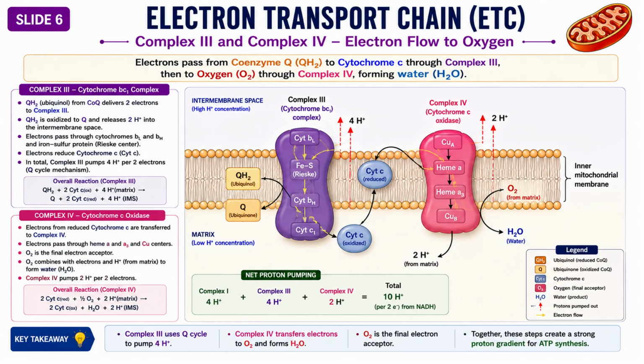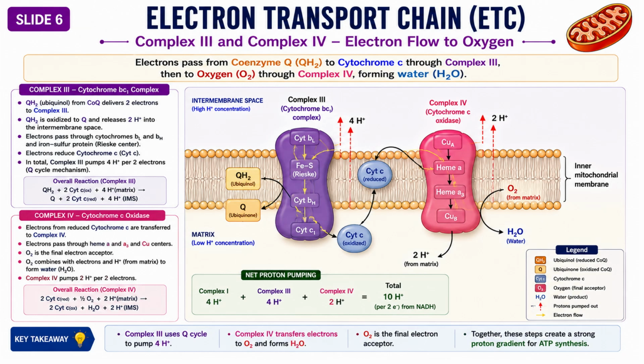After electrons enter the electron transport chain through complex 1 or complex 2, they are transferred to coenzyme Q, also called ubiquinone. Coenzyme Q carries these electrons to complex 3, which is known as the cytochrome bc1 complex. At complex 3, reduced coenzyme Q, or QH2, transfers its electrons through several components, including cytochromes and an iron-sulfur center.